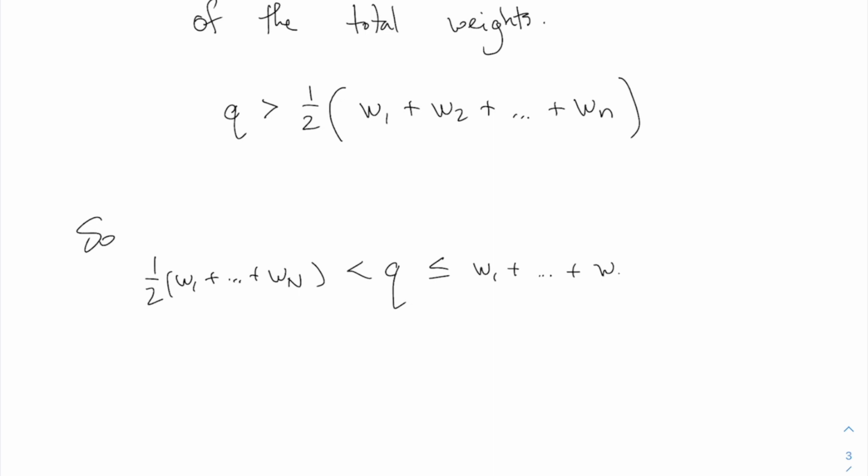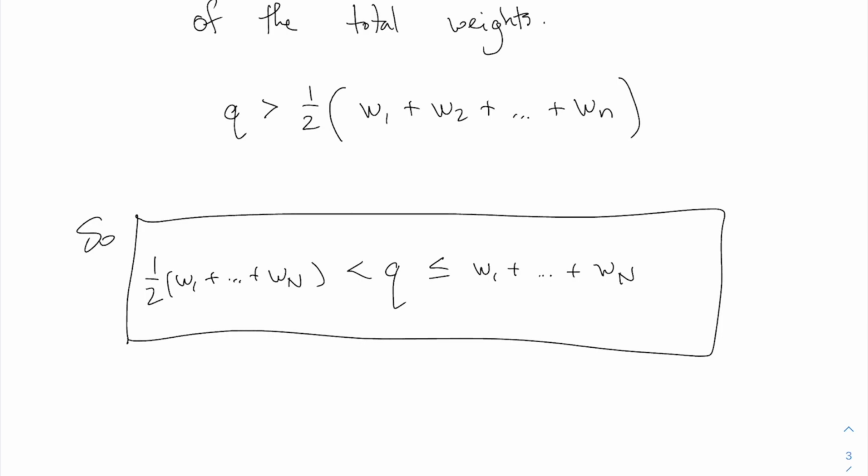This is just a summary of the two things that I've said so far. So these are the two rules, or you could think of it as one rule about what the quota is allowed to be. It has to be in between those two things. It has to be bigger than half of the total weight, but less than or equal to the total weight. All right? That's just a little technicality about what the quota is allowed to be. The quota can't just be anything, because it will not make sense in a lot of cases. All right, any thoughts about that?